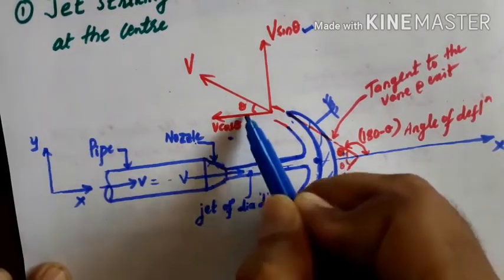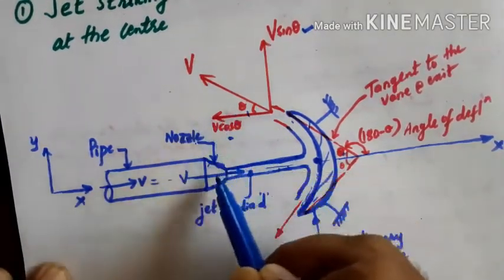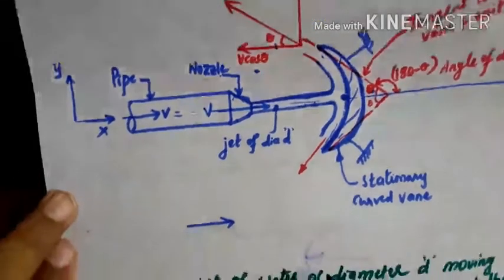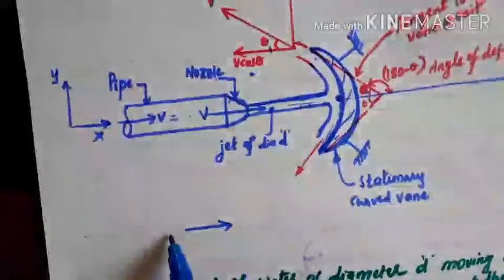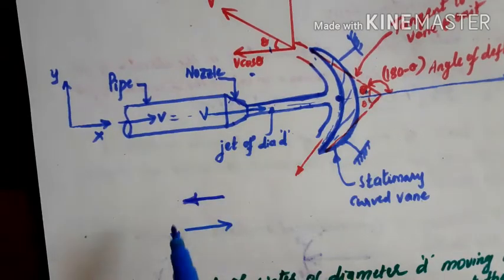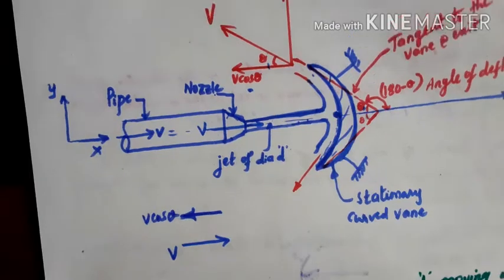Both are parallel here, but in opposite direction. So one v is going in this way, and the component of this coming out like this is v cos theta. I hope you understood this one.